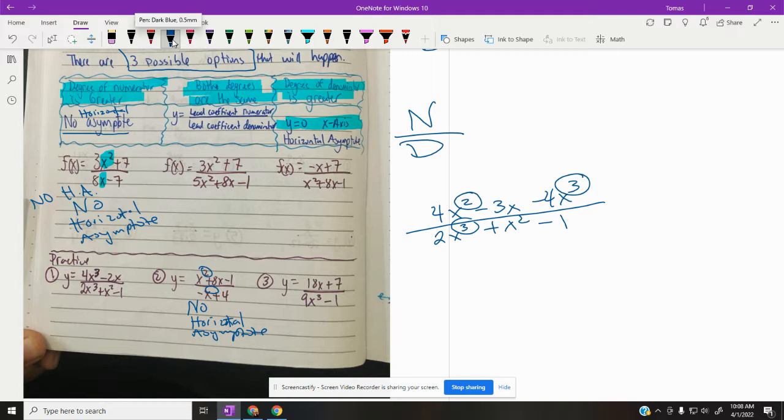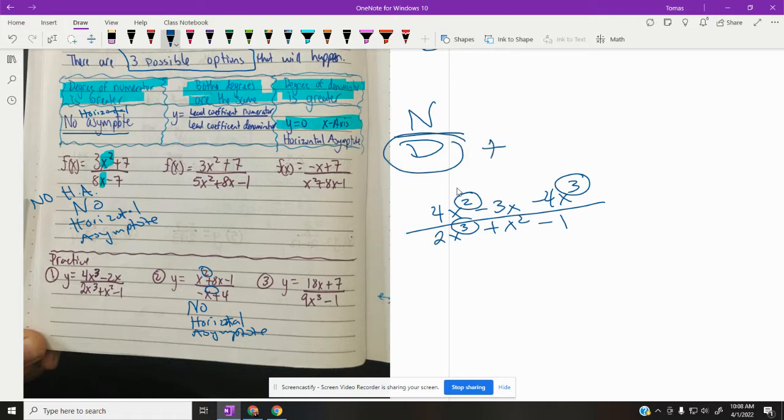The next one I like to do is when the degree of the denominator is greater. We saw that when the degree of the numerator is greater, there was no horizontal asymptote. But what if the denominator is greater?